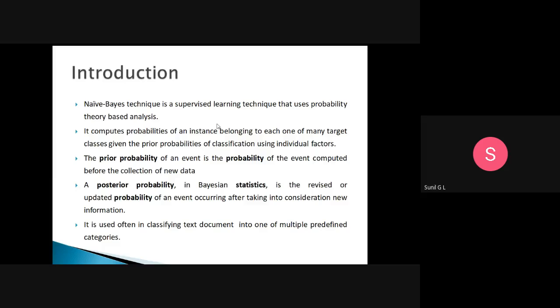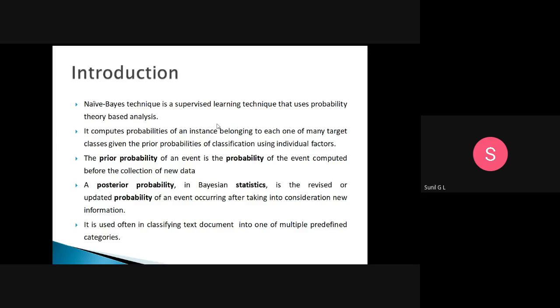Then what is posterior probability? Posterior probability in Bayes classification is a statistic. It is the revised or updated probability of an event occurring after taking into consideration new information.